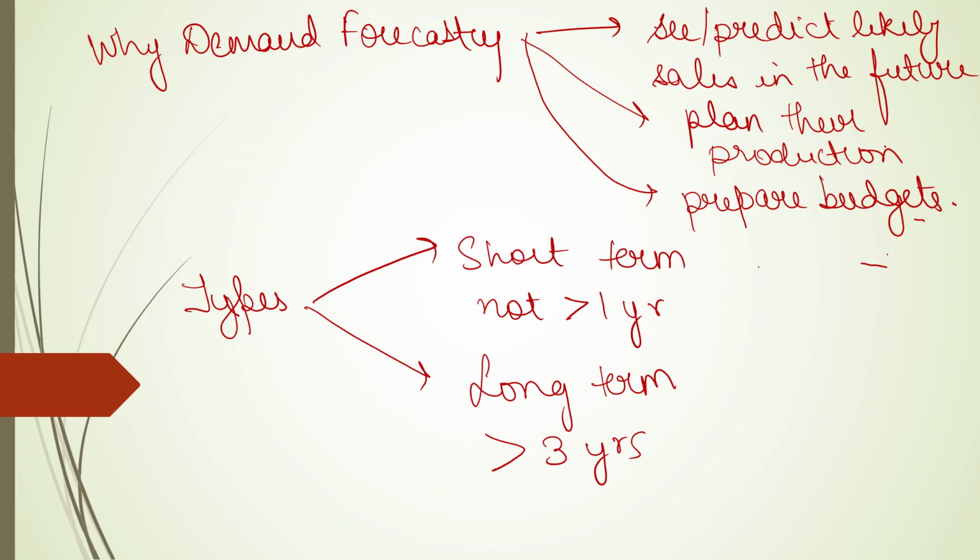Examples of short-term forecasting are decisions regarding job scheduling, job assignments, and production level, and long-term forecasting examples are new product planning, R&D of that product, and facility location. So this is short-term and long-term forecasting.